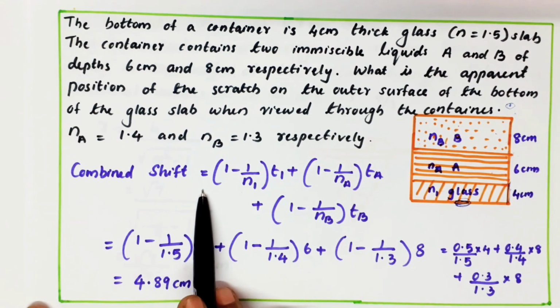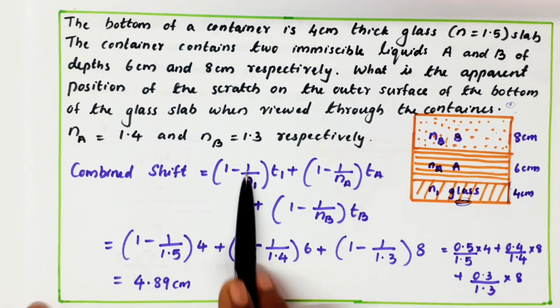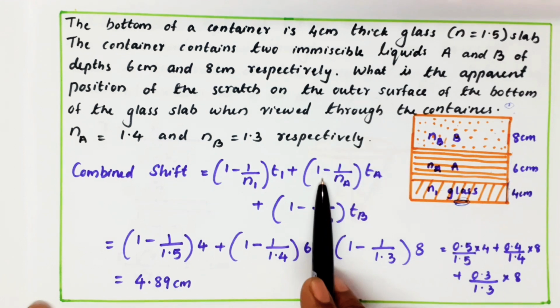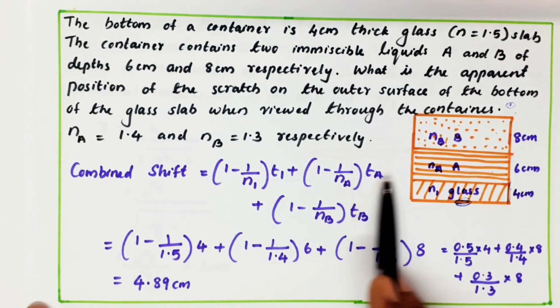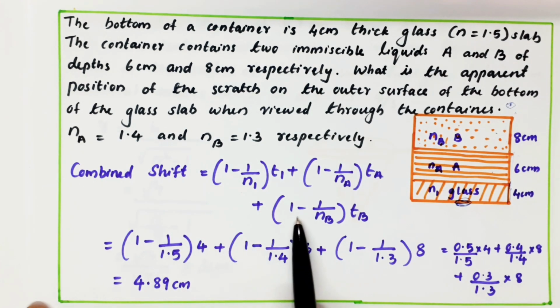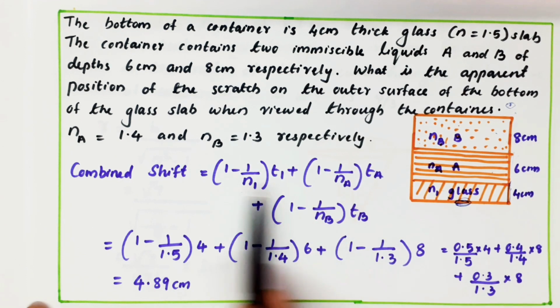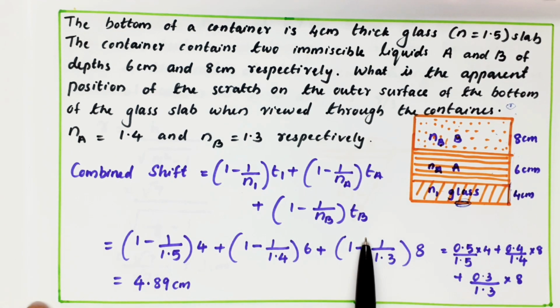Use the combined shift formula: 1 minus 1 by N1 into T, plus 1 minus 1 by NA into TA, plus 1 minus 1 by NB into TB. We are just substituting into this equation.